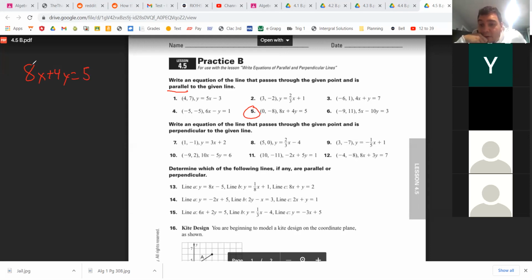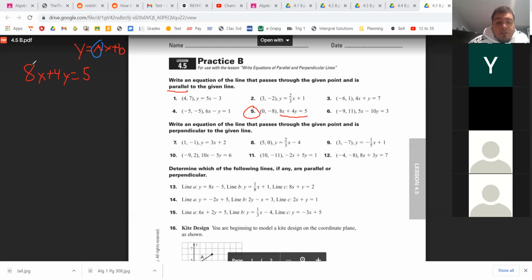The only thing I care about from the original equation is its slope. So I need to rewrite this. A lot of this chapter is rewriting equations as y equals mx plus b. I need to solve for y. I don't really care about y, I care about m. I do everything in my power to find that slope from the original equation. I don't touch the point until I get that slope.